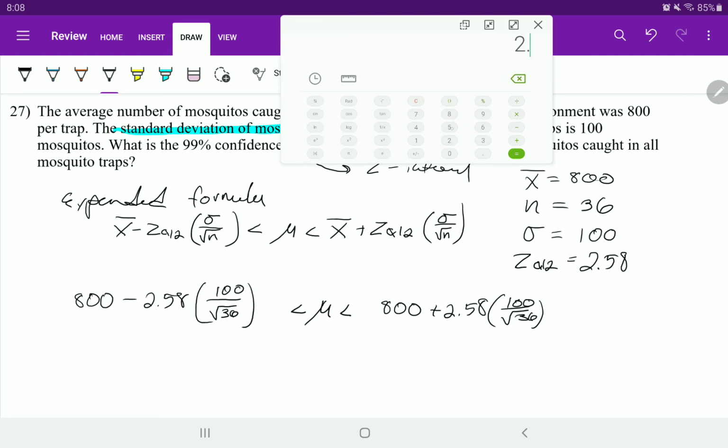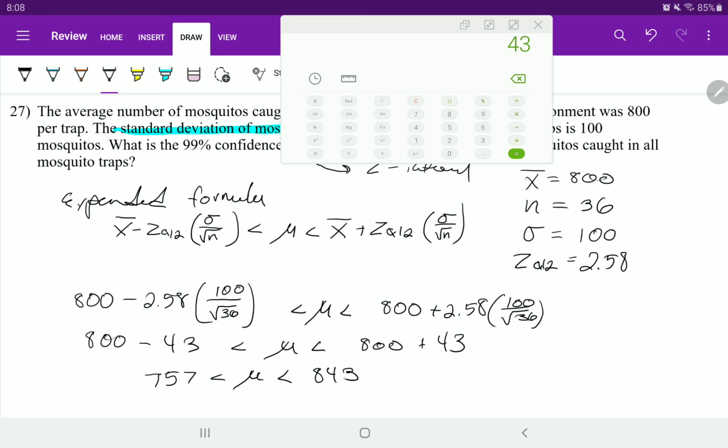So that's 2.58 times, in parentheses, 100 divided by the square root of 36. And that's going to be 43. So we have 800 minus 43 and 800 plus 43. When we compute, 800 minus 43 is 757. 800 plus 43 is 843.